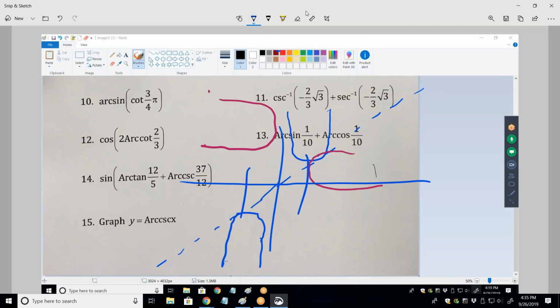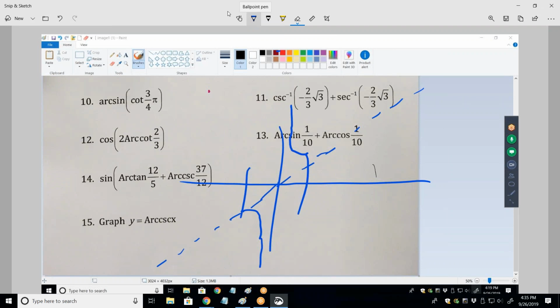And so here, let me erase the part that we don't want. And that is going to give us a function. Let me erase that line from that line.